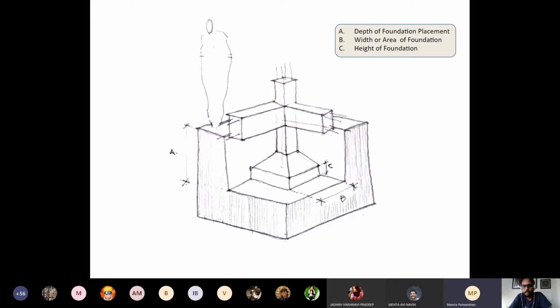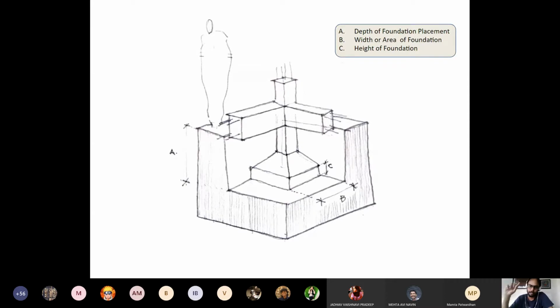Okay? All right. So then, as people who are interested in building foundations, or as architects, there are three fundamental things that we need to take into consideration. One is the depth at which we place the foundation.